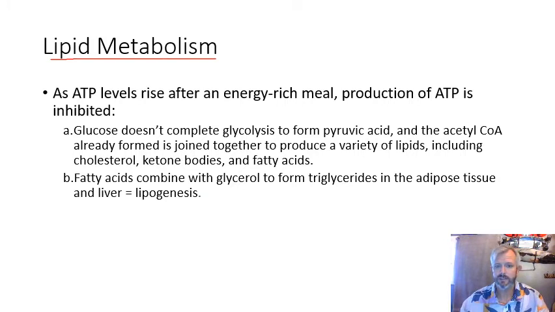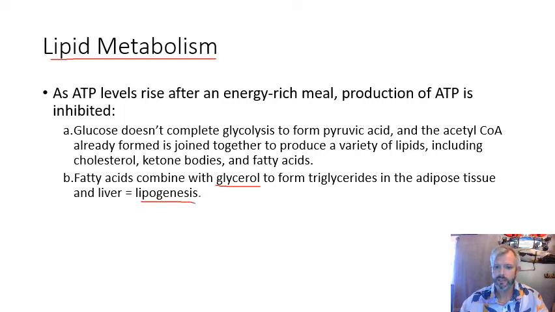What happens to the glucose that's going down? It gets shunted to fatty acids, and again, those fatty acids, we get the glycerol backbone, and what are we going to do? We're going to put those acetyl-CoA molecules together to do what we call lipogenesis.